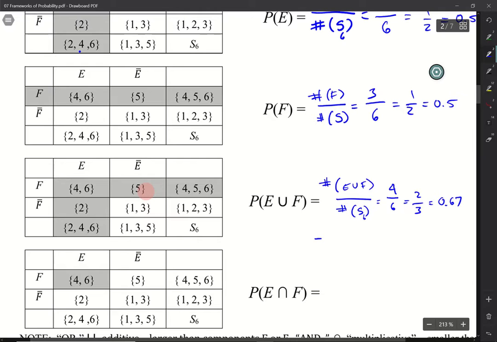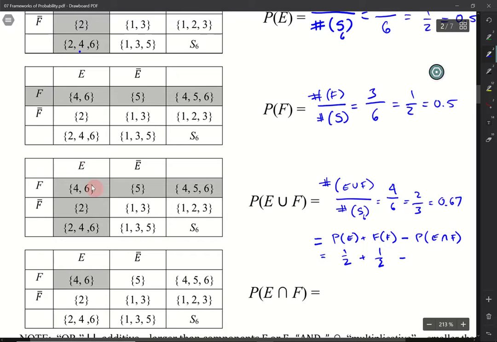We know that this union is OR, and so we could do the probability of E plus the probability of F. But if we do that, what do we have to do? We have to subtract the probability of the intersection, E intersect F. Here we know this is a half plus this is a half.